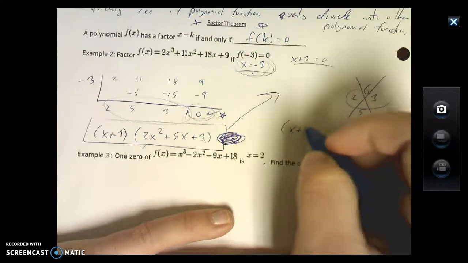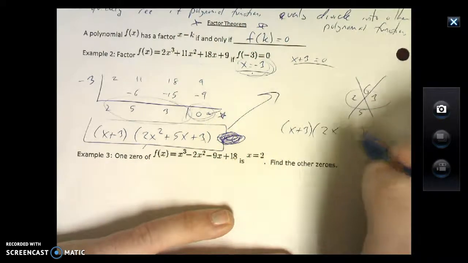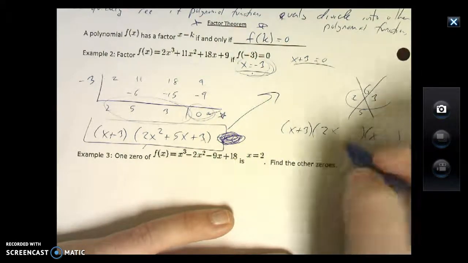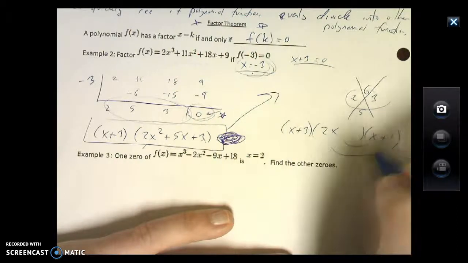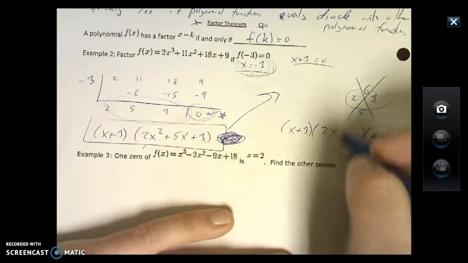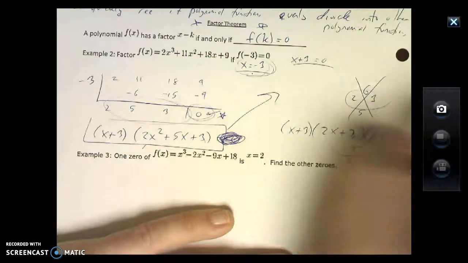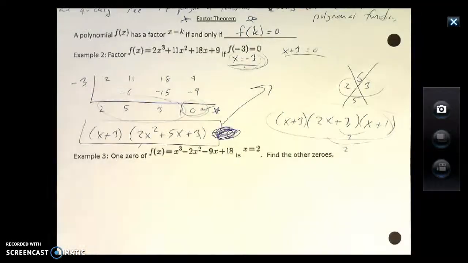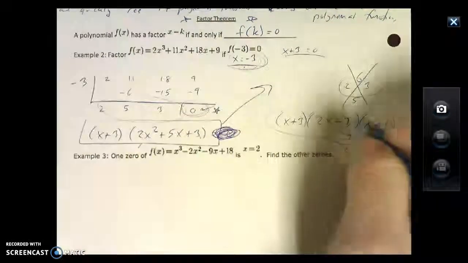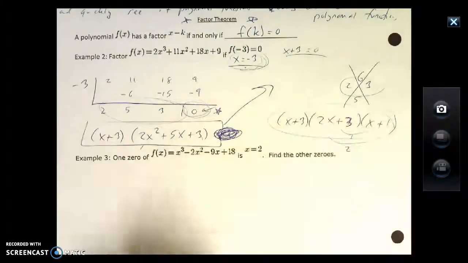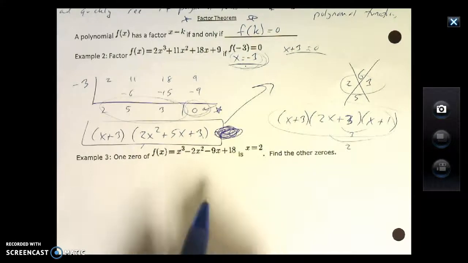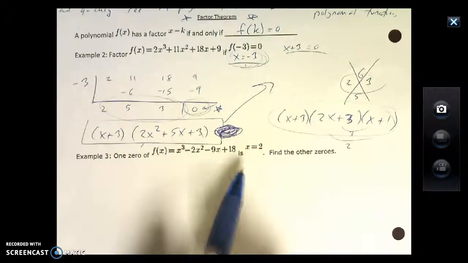So I get x plus 3, 2x and x, plus 1 to get 2, and then here's my 3 plus 3. It's factored completely. That's a 2x plus 3. Alright, cool. Finally, that's factoring.